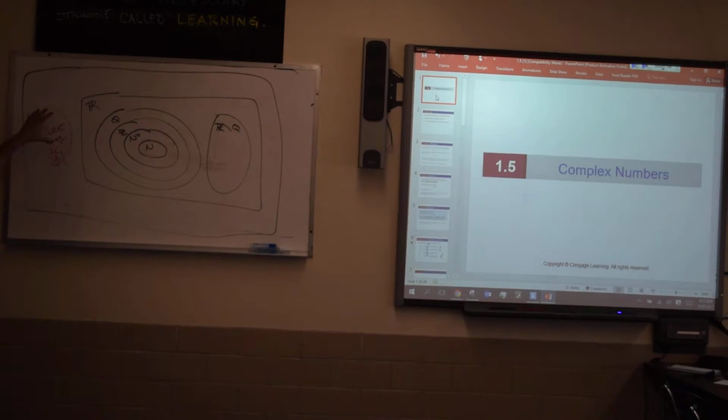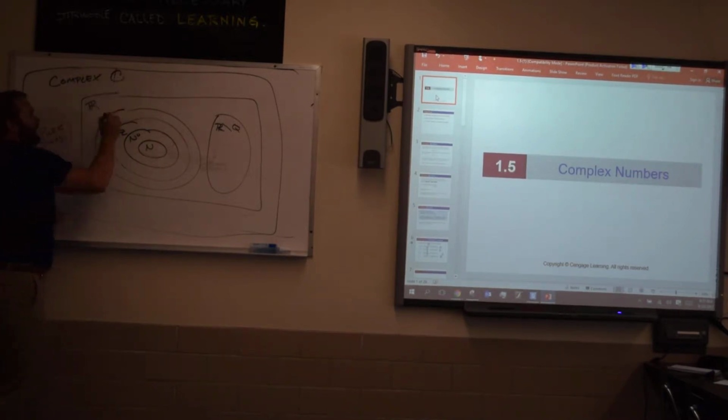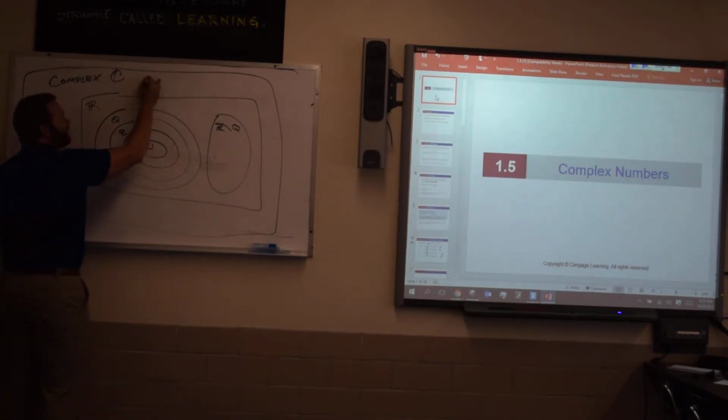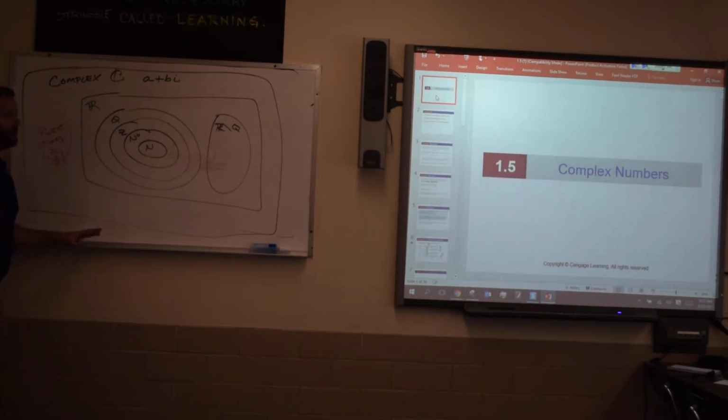Well, when I collect my real numbers and my pure imaginary numbers, we get what we refer to as our complex numbers. And we use a capital C with a little line through it to show that. Okay? But a complex number, and you've seen this before, is anything that is written as a plus bi, where a comes from the real numbers, and bi comes from this one. Does that make sense?